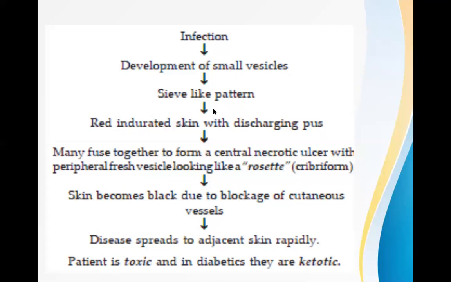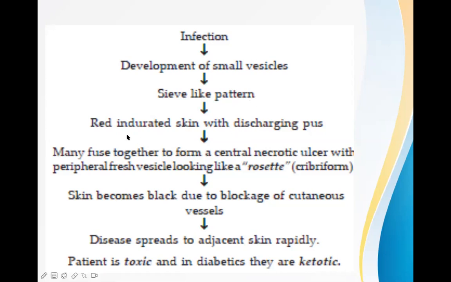Now, what will happen? Multiple vesicles may fuse with each other, or the single one may progress. An extensive area in that region may be affected, and it looks like a sieve-like pattern. Sieve-like pattern means there are multiple openings there.